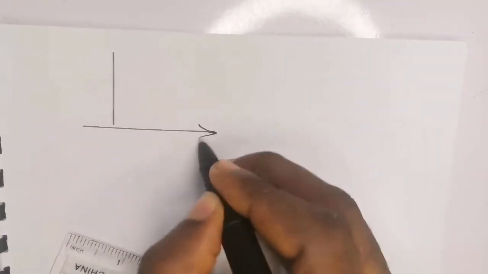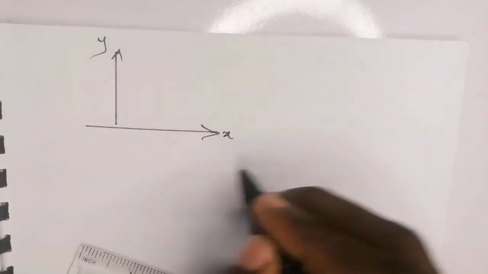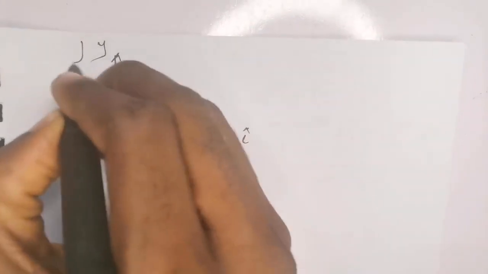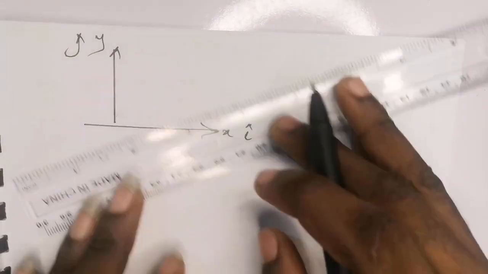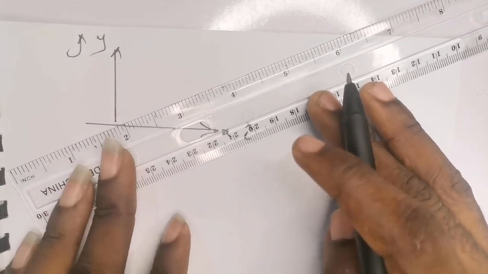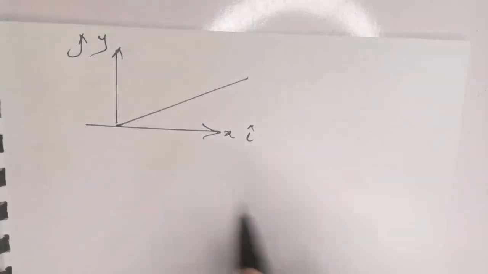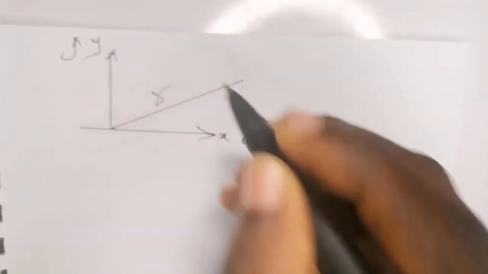Remember, this is our x-axis, this is our y-axis, and of course the x-axis is always the i direction, the y-axis is always the j direction. Let's say we consider the radius arm of that robot from the origin. Let this be the radius arm r.